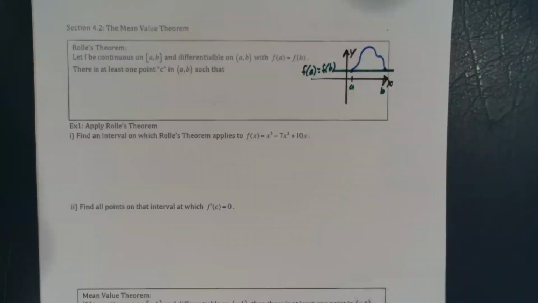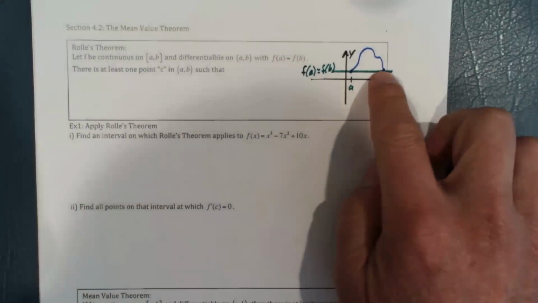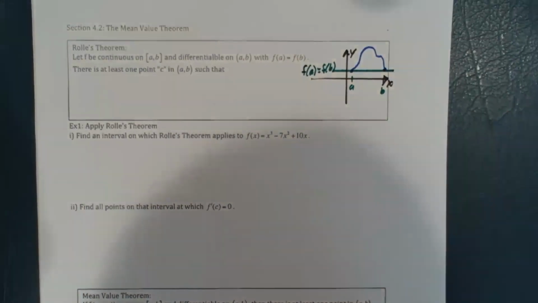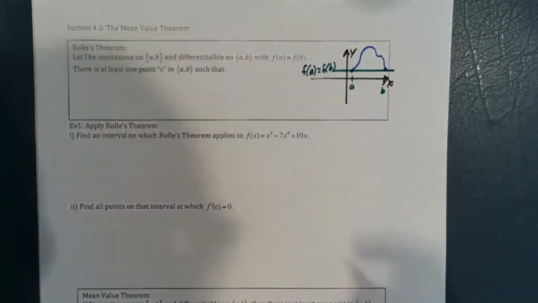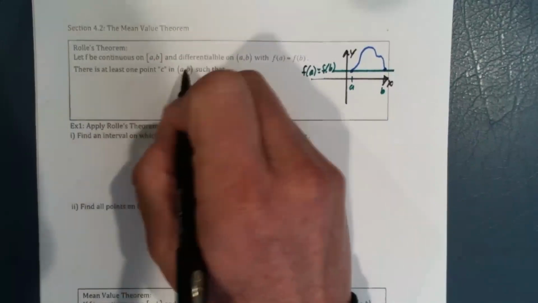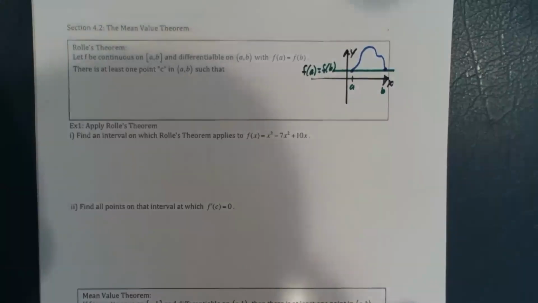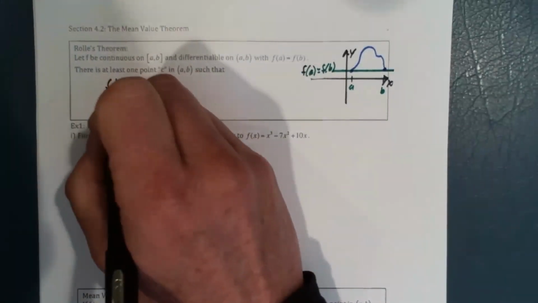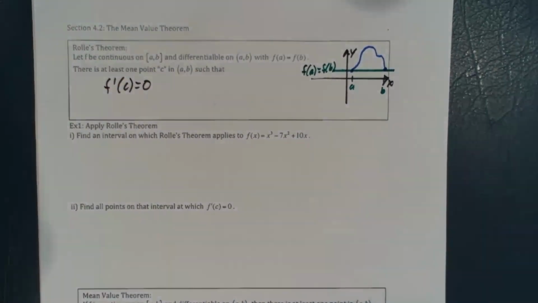So if we have a graph that does something like this, where f of a equals f of b, we're differentiable on all the points in between, and we're continuous on all the points in between, then there is at least one point C, this is an x value C, between A and B, such that f prime of C is equal to 0, meaning its slope is equal to 0.